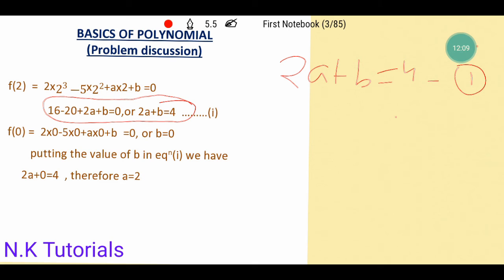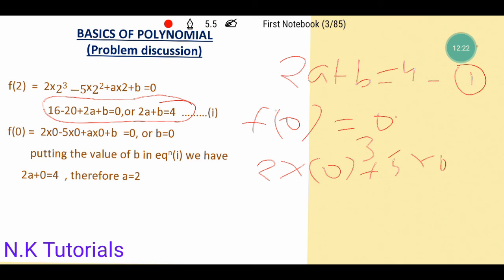Now put f0 is equal to 0. So what will happen? 2 into 0 cube plus 5 into 0 square plus a into 0 plus b is equal to 0.